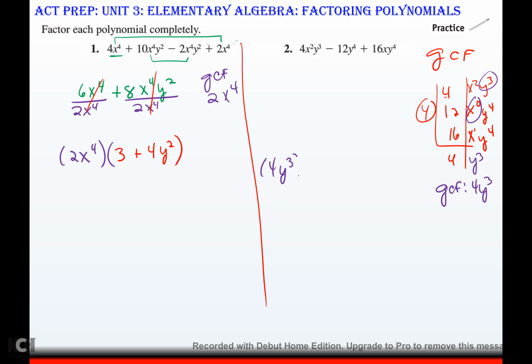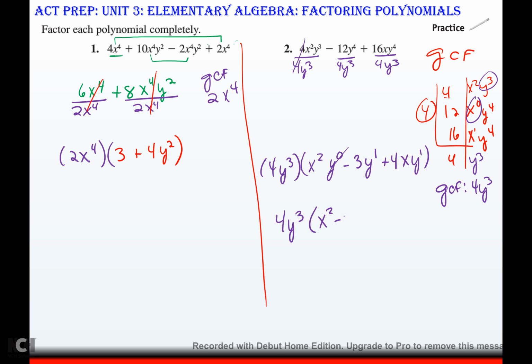So 4y cubed, to get what's left, I divide by 4y cubed, 4y cubed, 4y cubed, and I get the 4's cancel, x squared drops, y to the 0, minus 3, y to the first, plus 4, x, y to the first. You don't need the 0 degrees in there, so 4y cubed times x squared minus 3y plus 4x. Okay, and if you multiply that back out, you get what you started with.